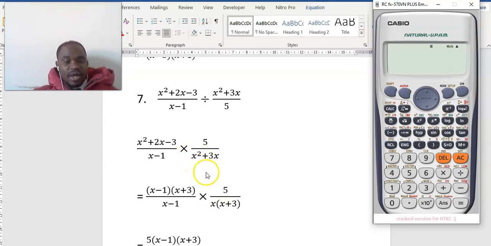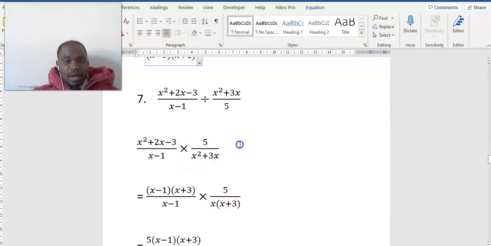x can divide x squared. How? It is like this. For the denominator, it is like x times x, x times x.